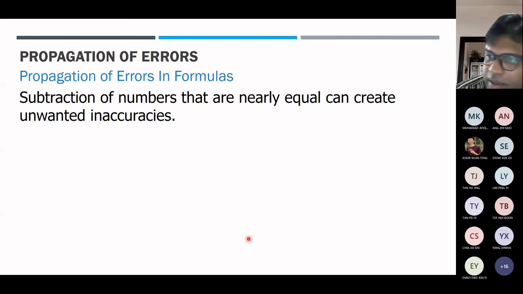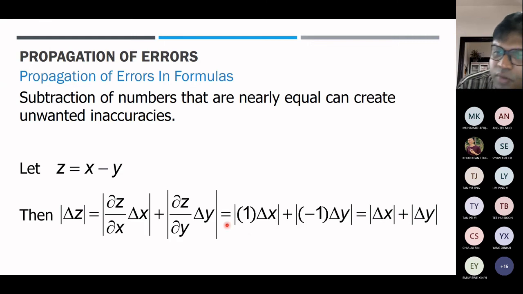Say let z equal x minus y, for example. Now we use the propagation error formula. Writing delta z, we differentiate with respect to the component x, do the partial derivative of the component x, and then plus the partial derivative for the component y.